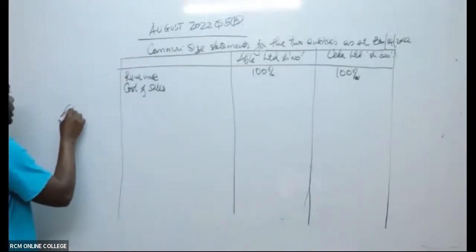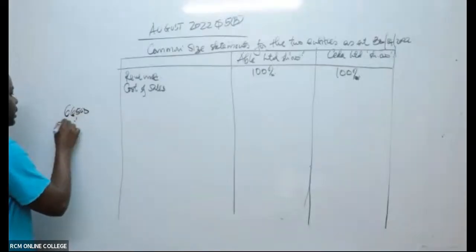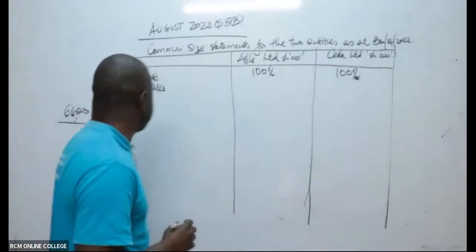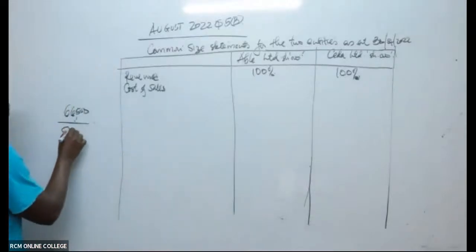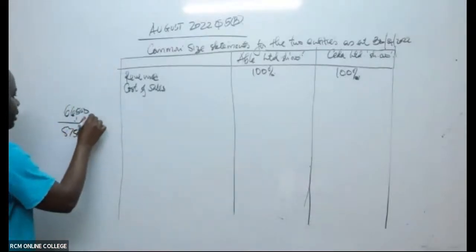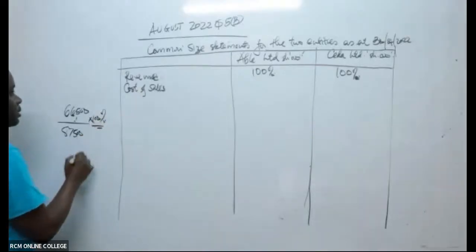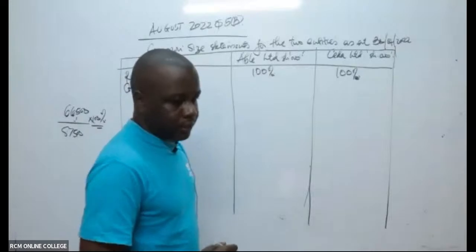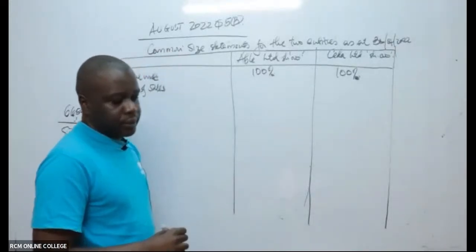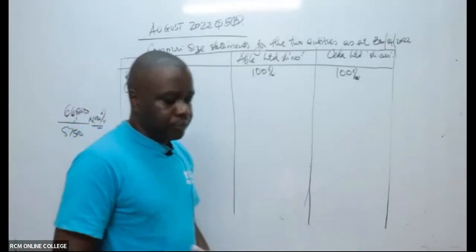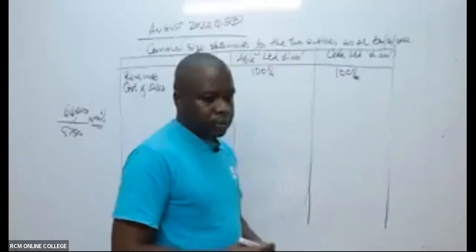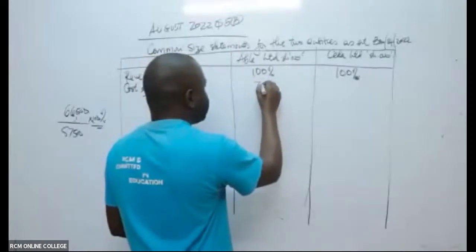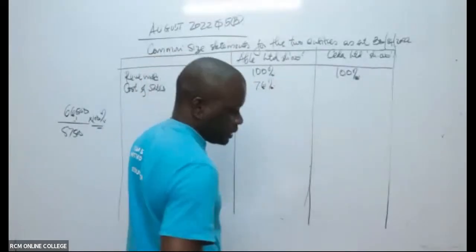It will be 66,500 divided by the sales, which is the base, that is 87,500. Then you multiply by 100%. So what are you getting as the percentage? It is 76%.